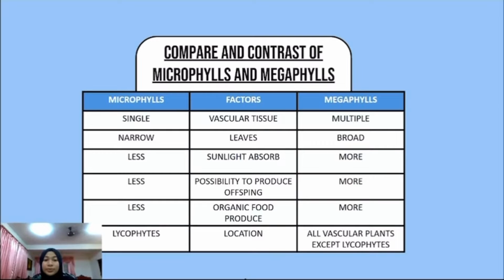Microphyll produces less offspring compared to megaphyll. Microphyll also produces less organic food compared to megaphyll. For the location, microphyll were found in lycophytes and megaphyll were found in all vascular plants except for lycophytes.